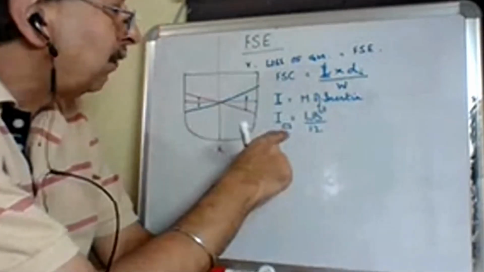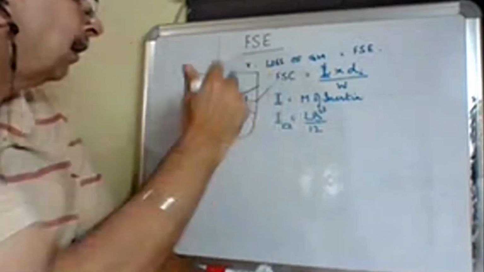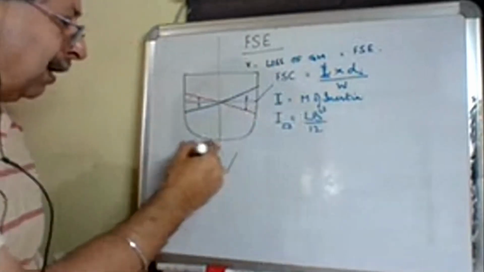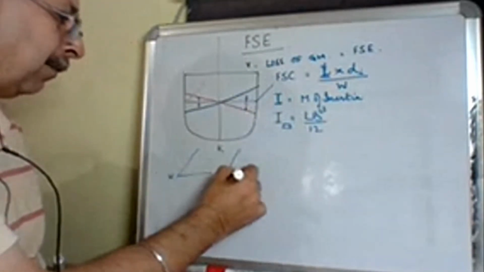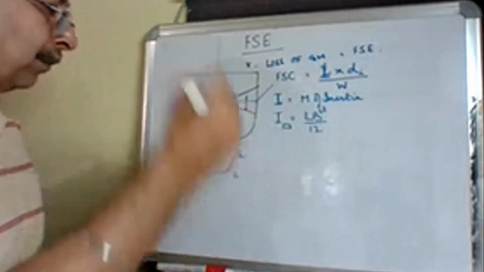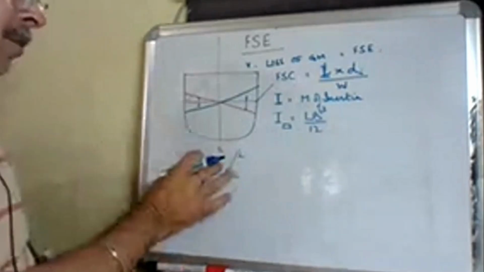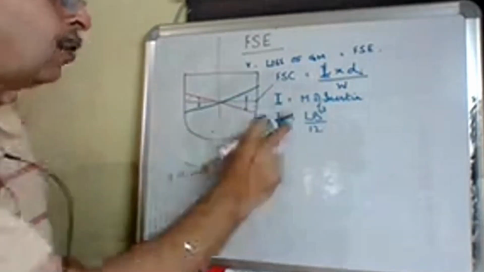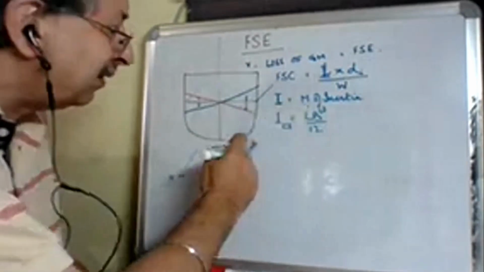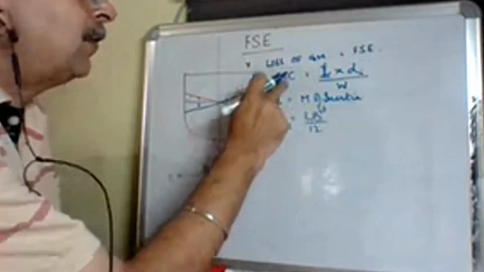This water plane is a rectangle. This is the water line, WL. Length is L, breadth is B. This is the center line axis about which we are taking the moment of inertia. So that is LB cube by 12, where L is the length of the tank and B is the breadth of the tank, and this gives us the free surface correction.